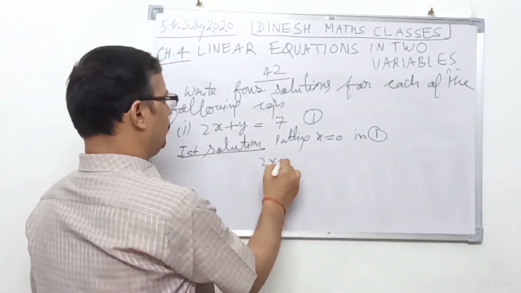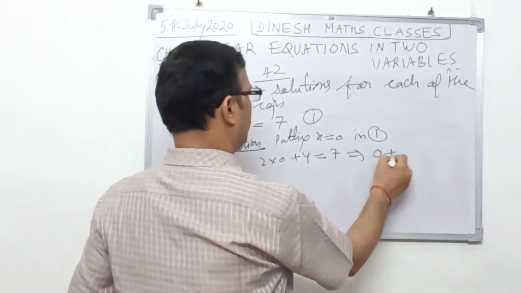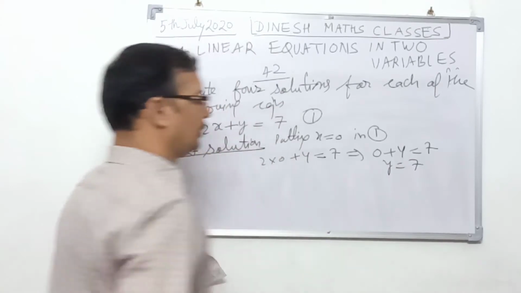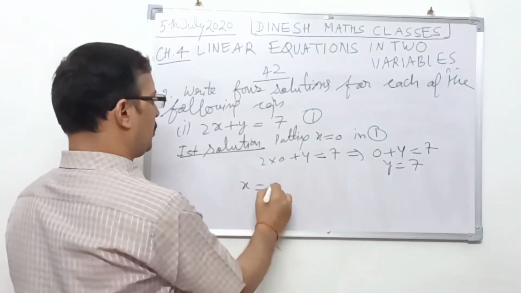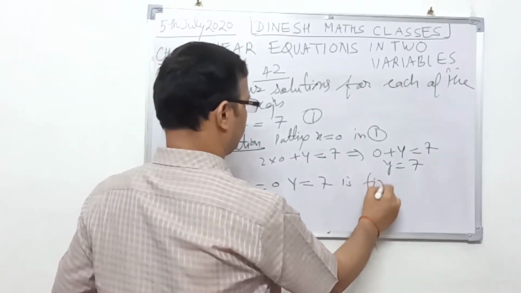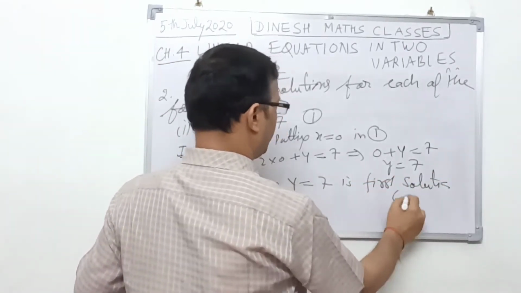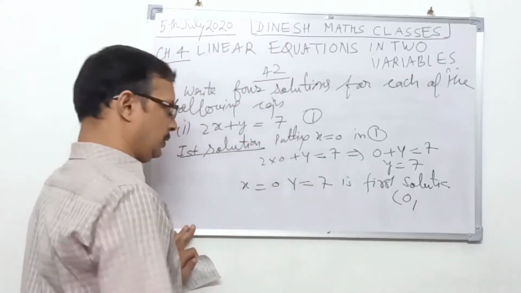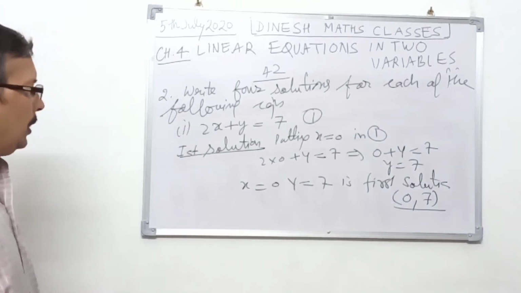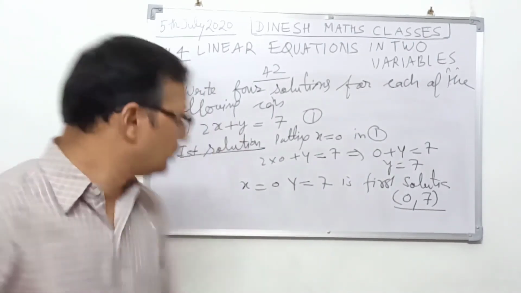So 2 into 0 plus y equal to 7, or 0 plus y equal to 7, or y equal to 7. So therefore x equal to 0, y equal to 7 is the first solution. And this you can write in the form of a bracket also, like (0, 7) is a solution. Similarly, we can go for the second solution also.